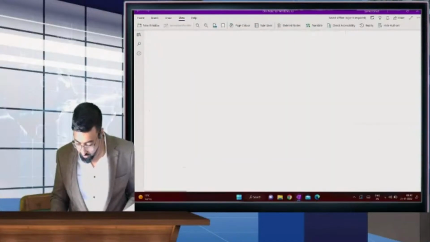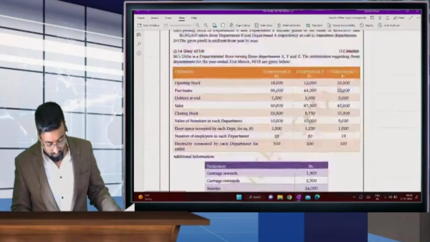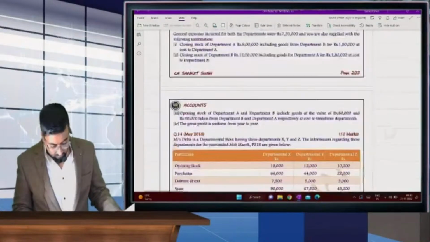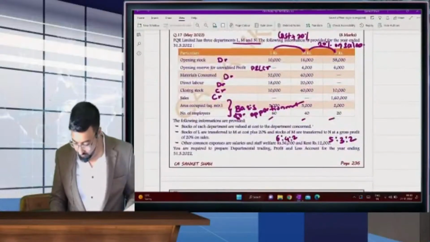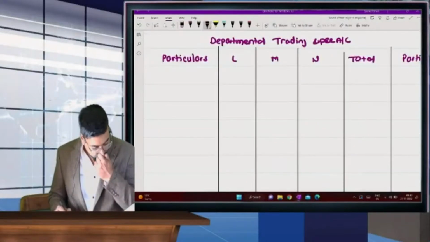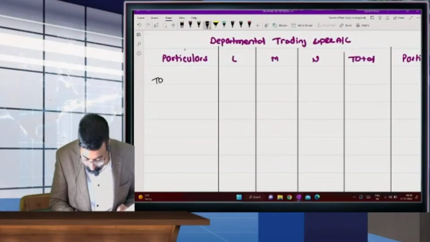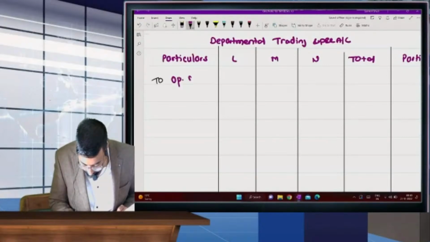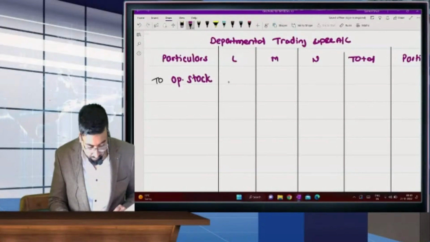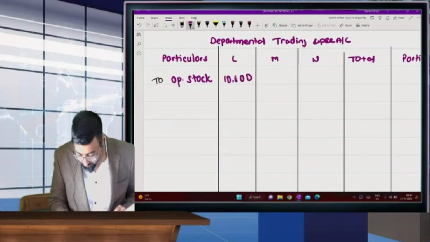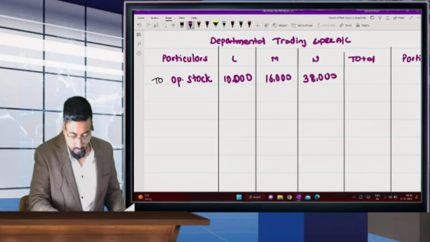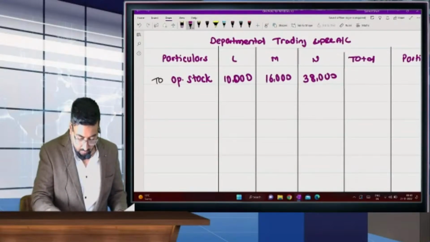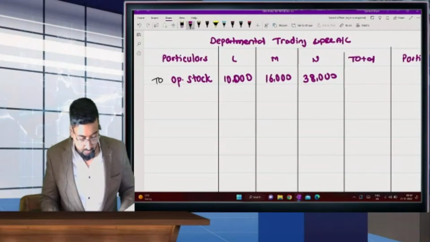To opening stock. $10,000, 16,000, 38,000, 26 plus 38, 64,000.